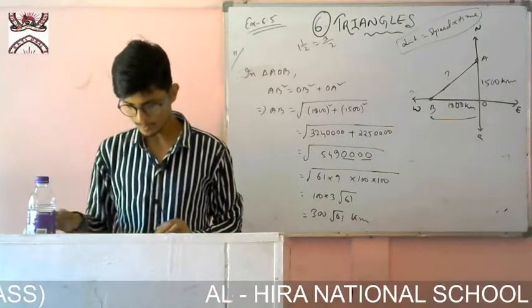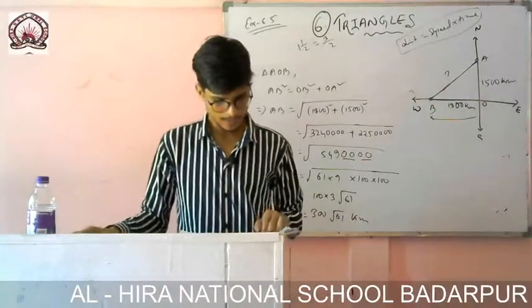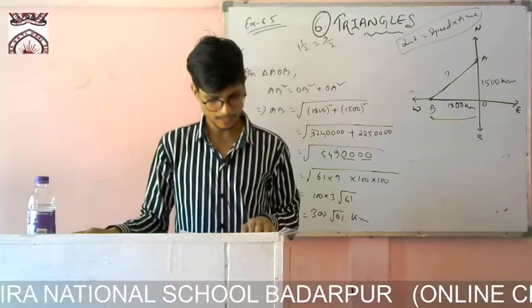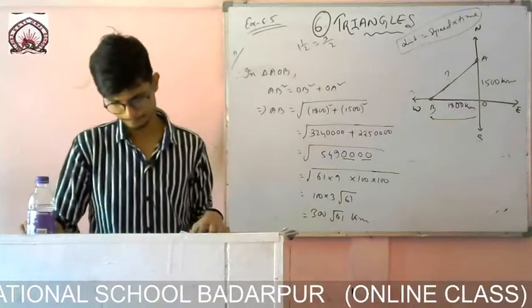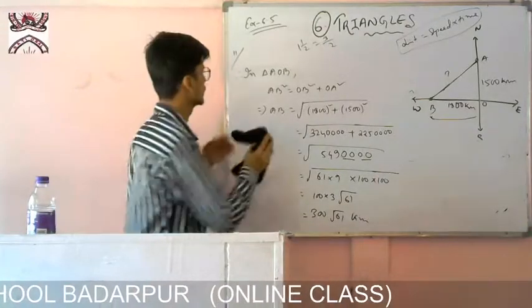So question number 12, it is given 2 poles, of height 6 meter and 11 meter, stand on the playground, and the distance between the feet of the poles is 12 meter. Find the distance between their tops. Okay, let me do this one.